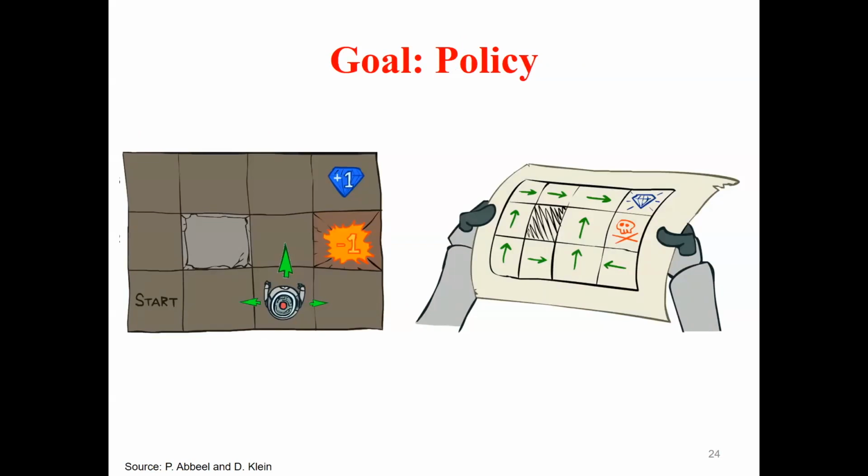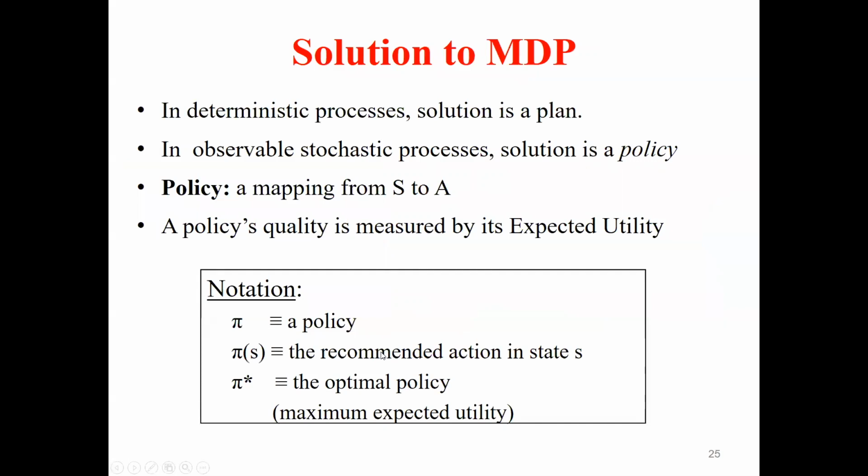So this map over here that you see on the right side contains the correct action I am supposed to take if I am in a given state. In terms of the solution of the Markov decision process, this is nothing but a policy. So we are interested in knowing this policy.